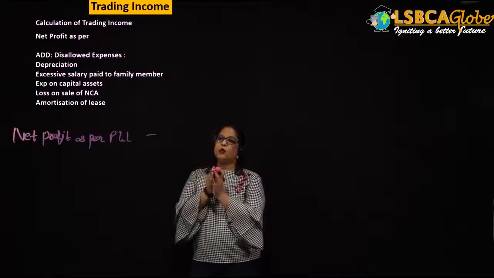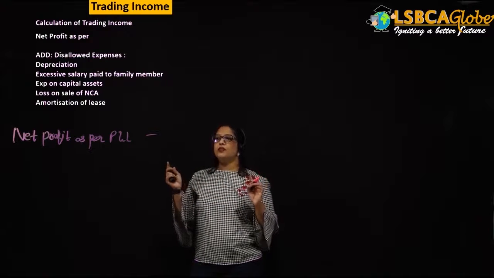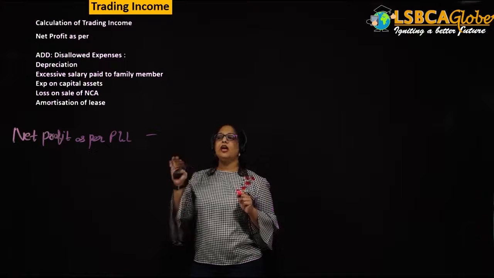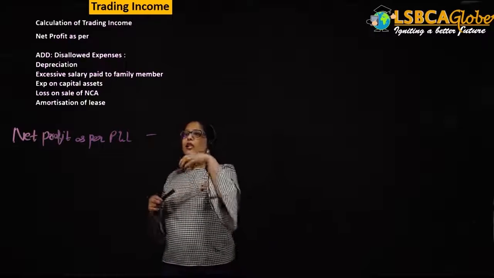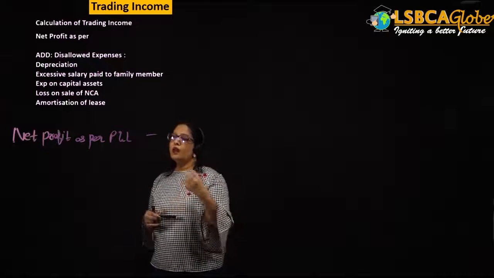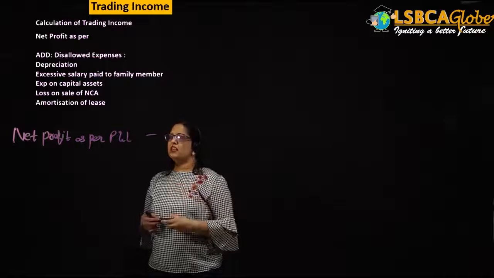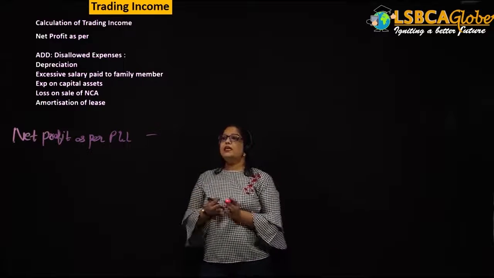Now class, the net profit is given to you already calculated, but the net profit given is not the right one. You have to arrive at the right one. So you will add back those expenses which are not allowed. Now class, you will look at depreciation. You will say, depreciation? Seriously? Yes.